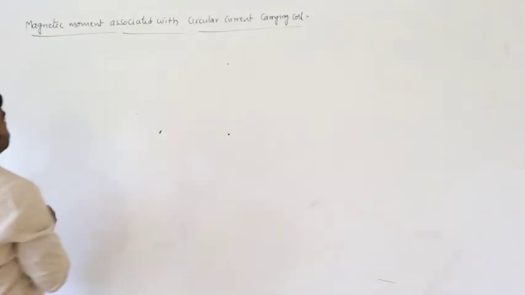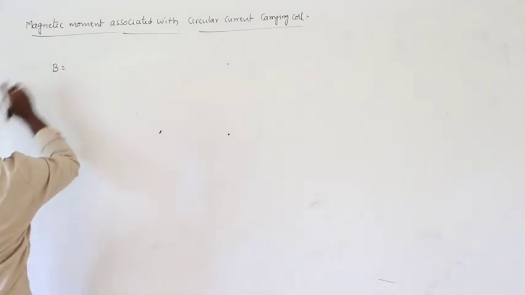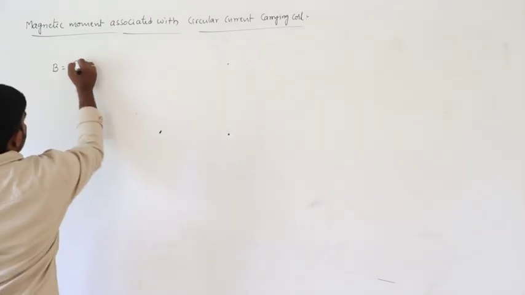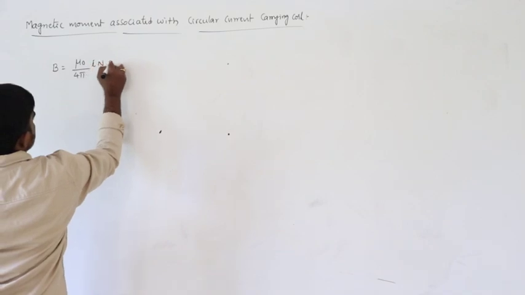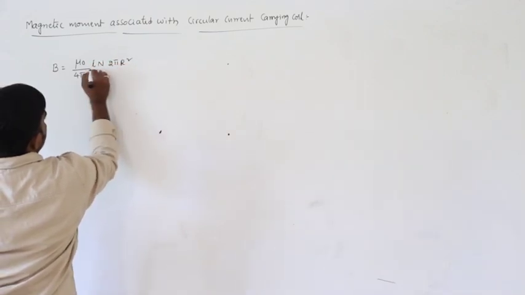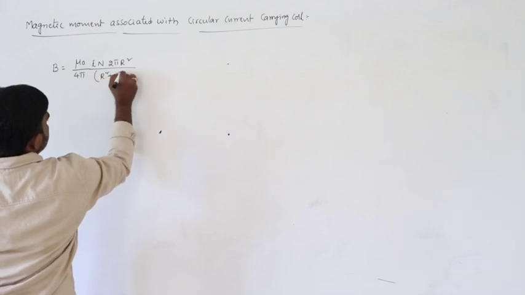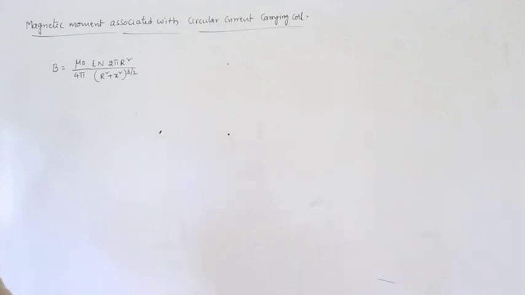See here. The magnetic field associated with the circular coil at an axial point. What is the formula we got?